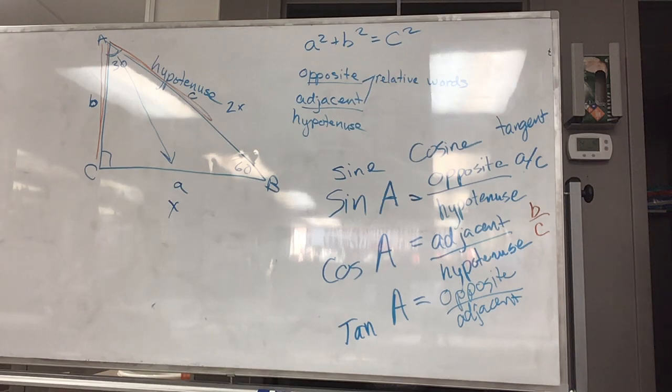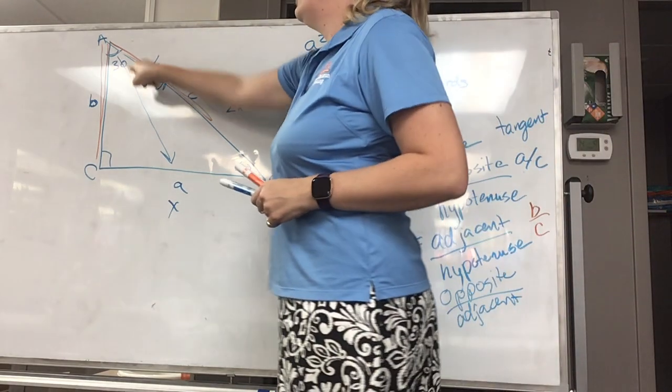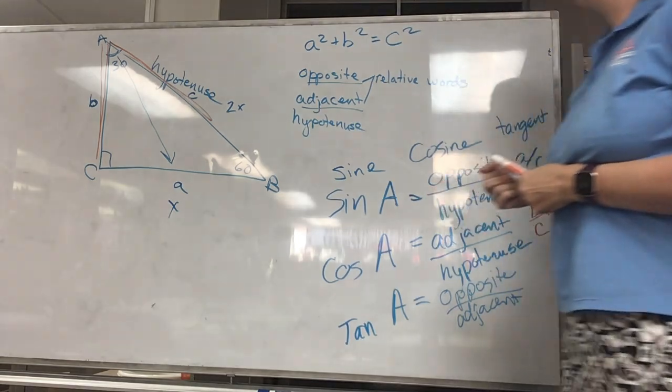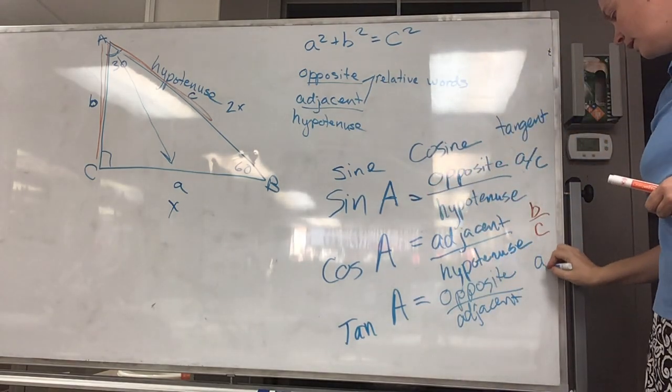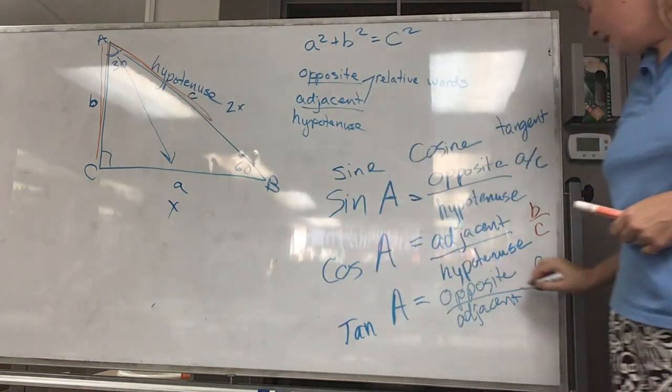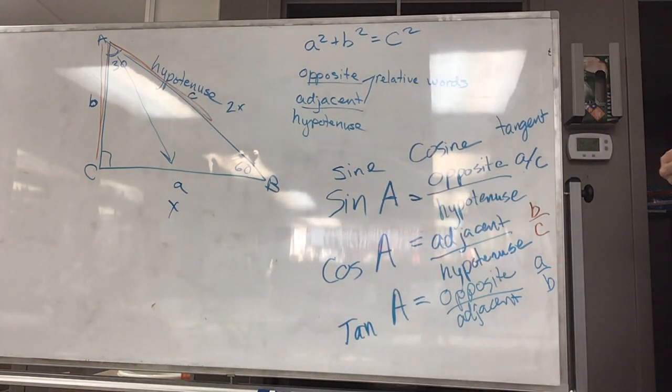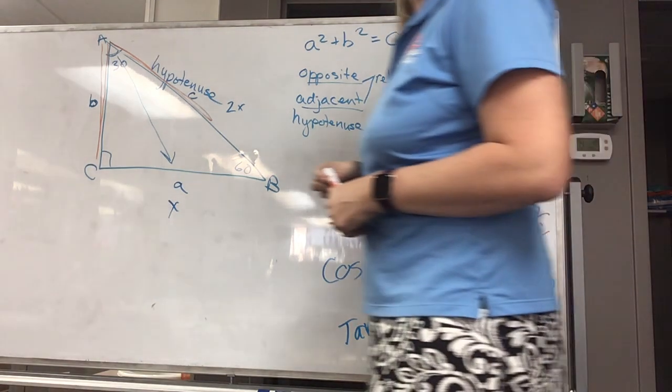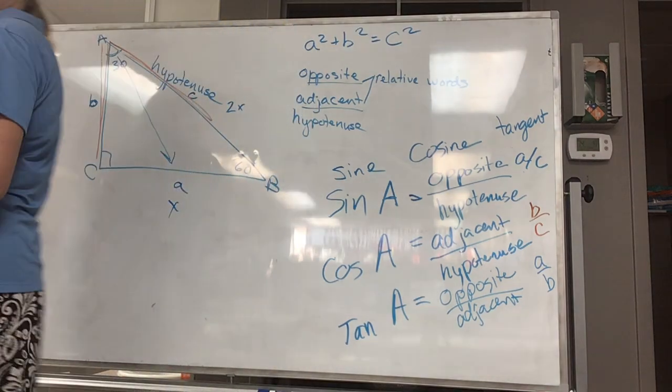And so this one, again, opposite A is the little a. Adjacent to A was the little b. A lot of stuff. How many of you have seen this before? Yeah, that's pretty good.